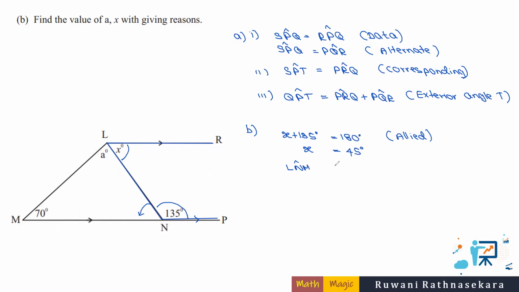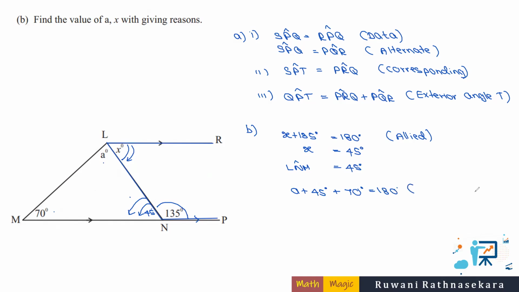LNM is also equal to 45 as a pair of alternate angles. X and 45 is a pair of alternate angles, Z-type angles because of parallelism. Now you can build up an equation for the sum of the interior angles of the triangle as A plus 45 degrees plus 70 degrees is equal to 180.